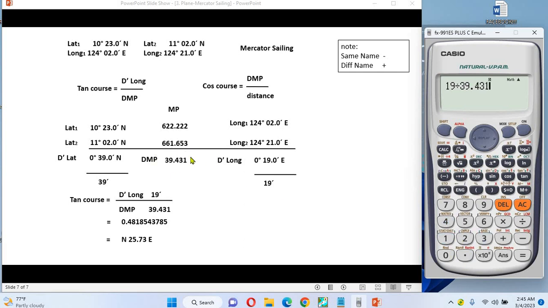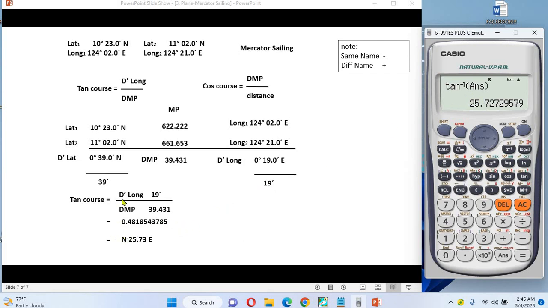Okay, so 39.431 and equals 0.4819, and then tangent course, so inverse tangent, answer, close parenthesis, and boom.